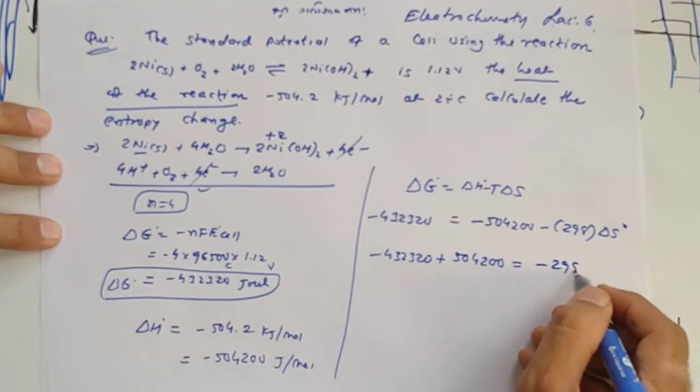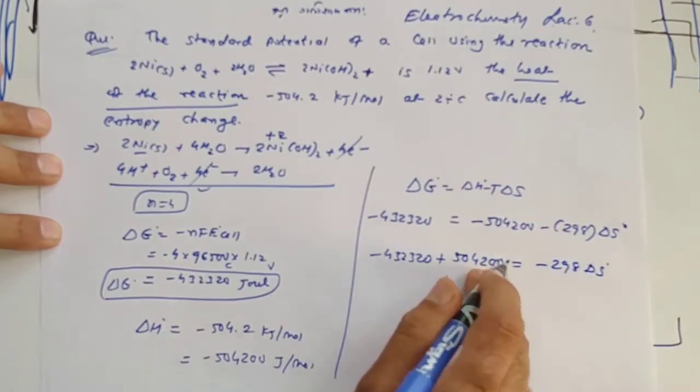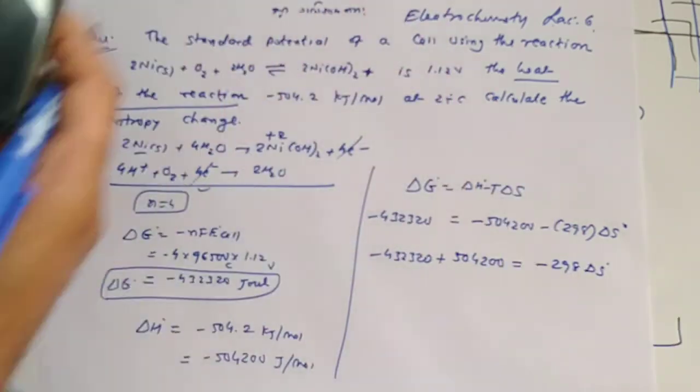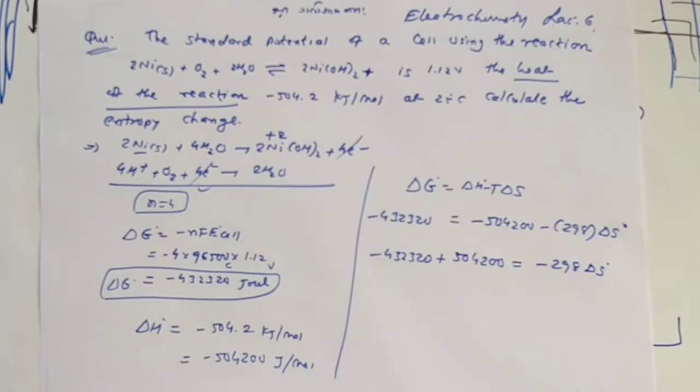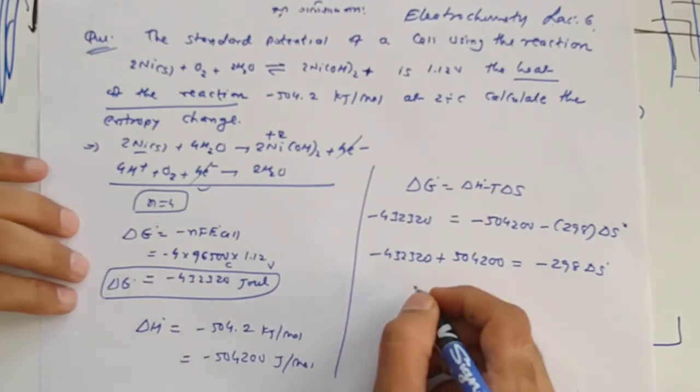Now we are subtracting the lower value from the higher value, so 504200 minus 432320 gives 71880.